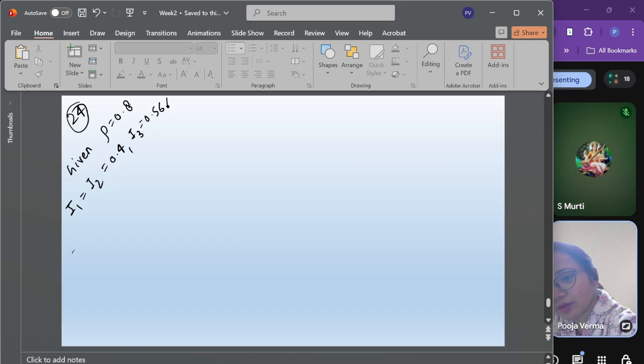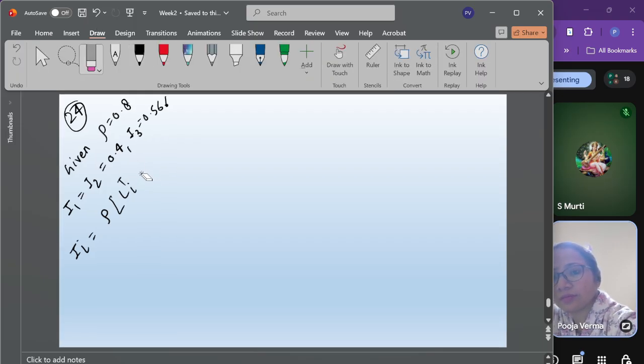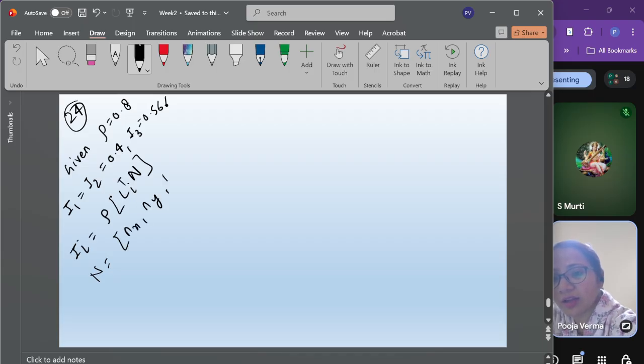So already we know the Lambert equation: I equals rho L transpose n, where n within the bracket represents nx, ny, and nz transpose.